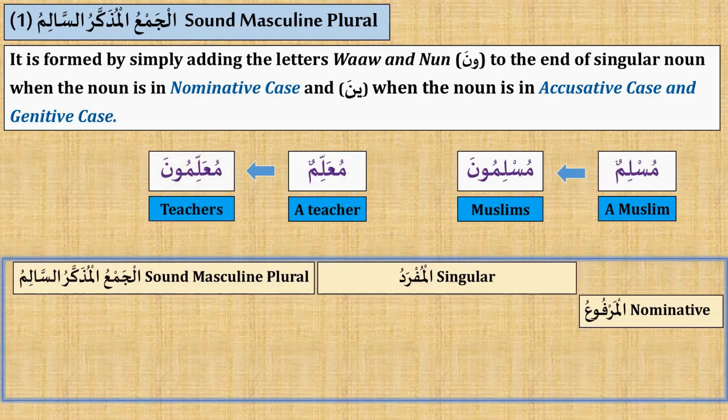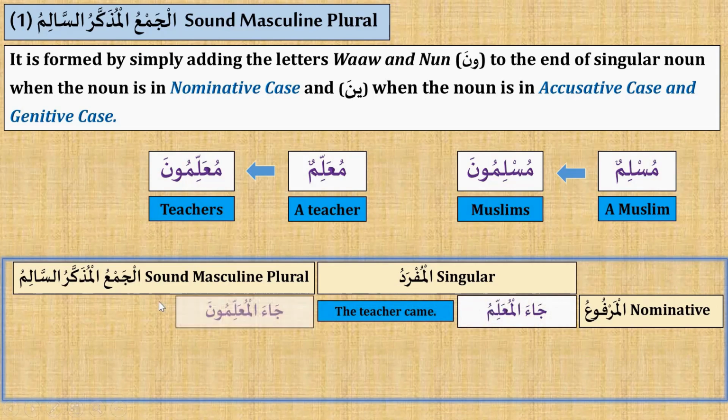The first case, al-marfu' nominative case. Jaa al-muallim, the teacher came. Nominative case ends with dhamma. And the plural form is Jaa al-muallimuna, the teachers came. The male teachers came. It must end with waw and nun.